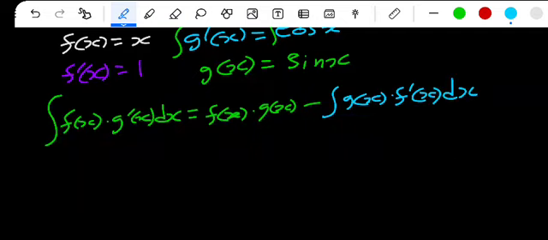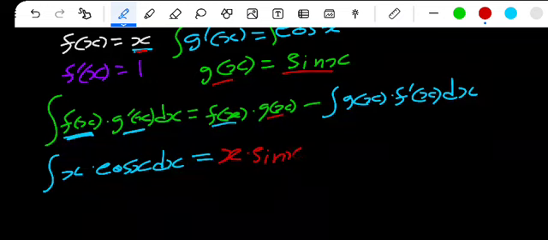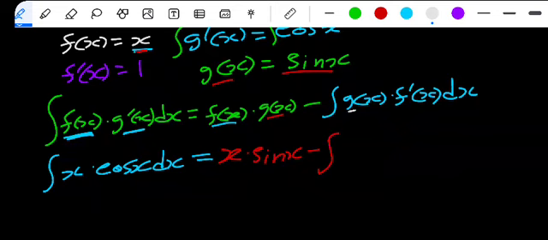So we said f of x is x, and g prime here is cos x, with our dx. Then f of x is x, but g of x here is sine x, so x multiplied by sine x, minus the integral of g of x, which is sine x, but f prime, what is it?